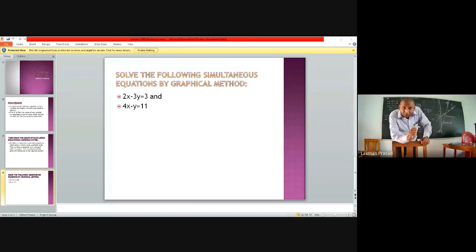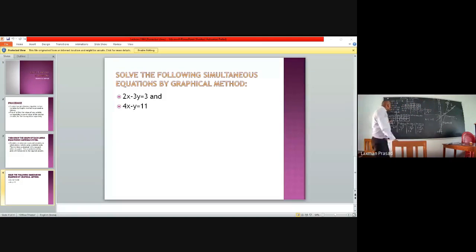So simply, you draw the line with proper equal gaps. There is the origin. You receive the value of x and y. If the value of x is 0, then the value of y is minus 1. This is the x-axis and this is the y-axis. There is a positive value, whereas this side is the negative value of x, and this one is the negative value of y.